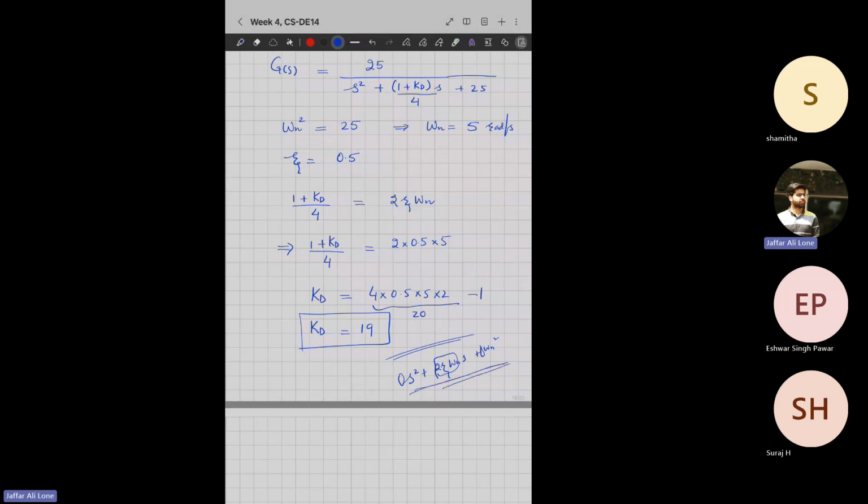But as of now, just remember, if you are given a second order system and asked when the system will be stable, the condition is all the coefficients should be of the same sign, either positive or negative, and they should be present. But we cannot generalize that for third or higher order systems unless we learn Routh-Hurwitz criteria. But with the questions that we have discussed this week, I think you should be able to solve all your assignment questions.